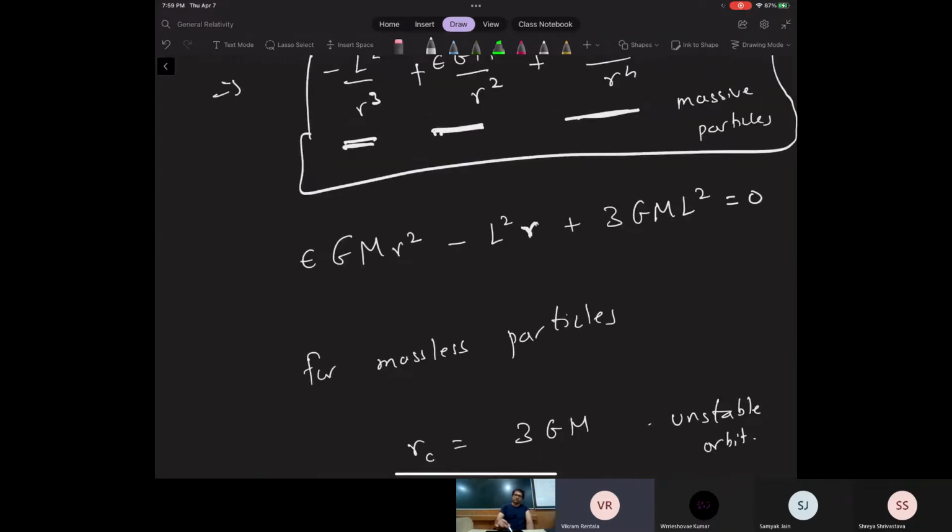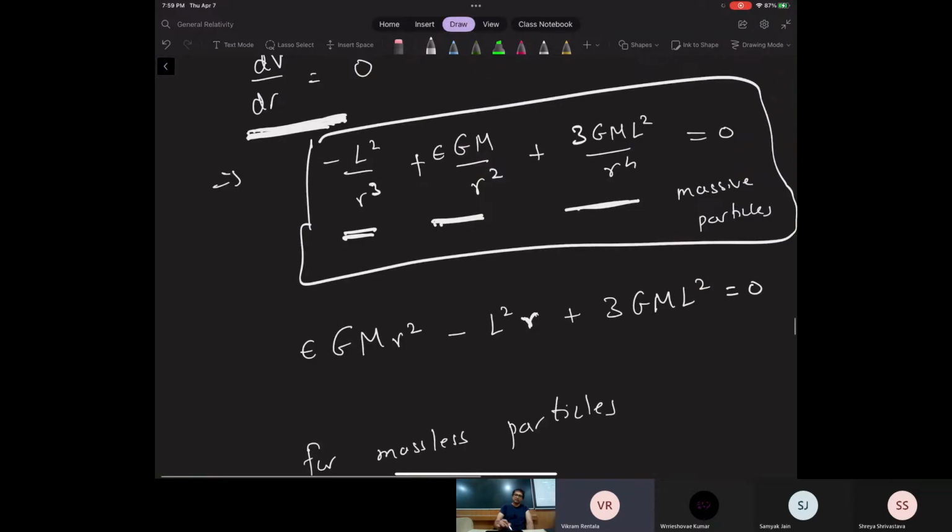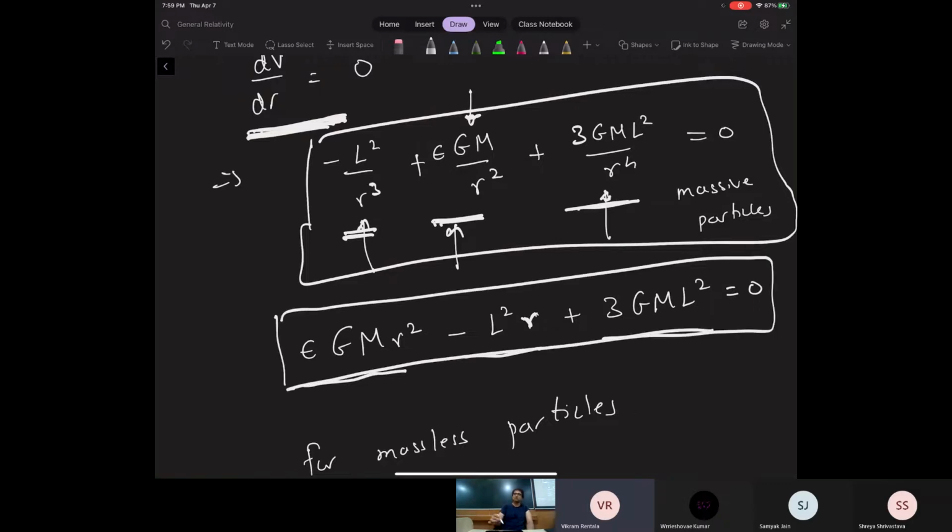So for massive particles, if I rewrite this equation by multiplying throughout by r to the 4, then this term has an r square, which is GM r square. This term is linear in r, it's minus L square r, and this term is a constant, it's 3 GM L square. So this is just a quadratic equation, which tells me where the extrema are.